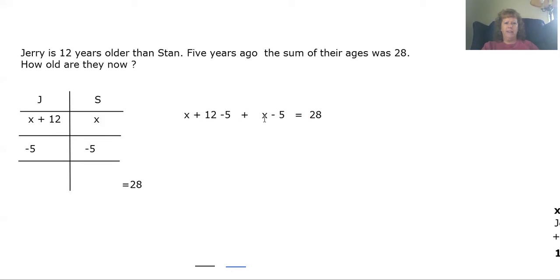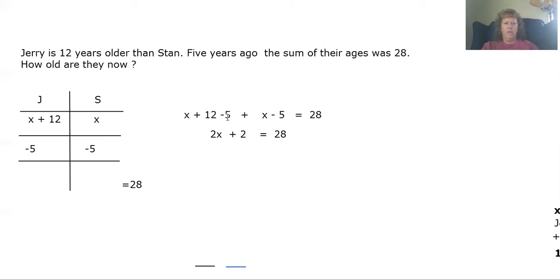So now let's combine like terms. If we have x and x, that would be 2x. And if we have 12 minus 5 minus 5, that would leave 2. And that's still equal to 28.